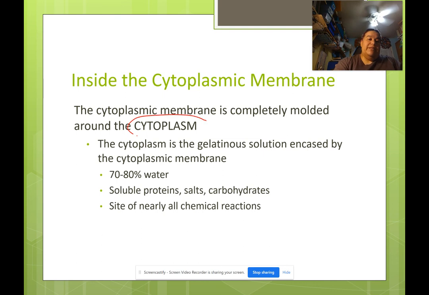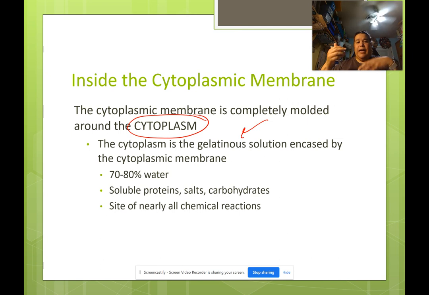Now remember, cytoplasm is that jelly-like solution inside of the membrane. So if I were to fill a small Ziploc bag with jelly, the Ziploc bag would be the membrane, and then the jelly would be the cytoplasm.